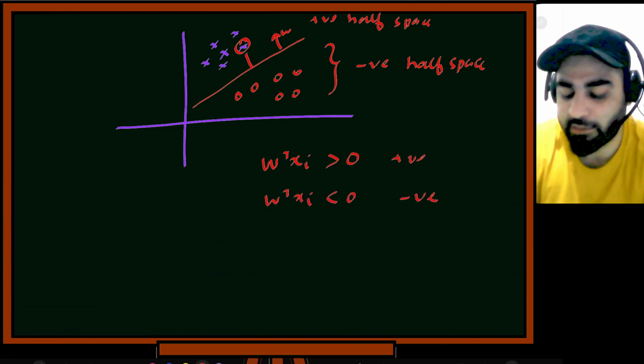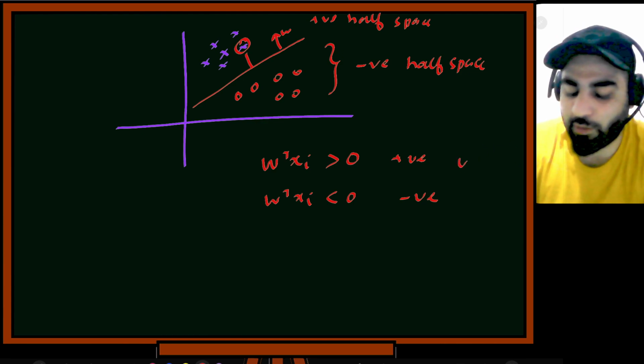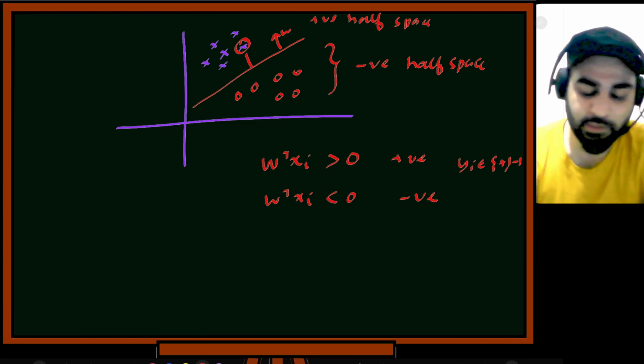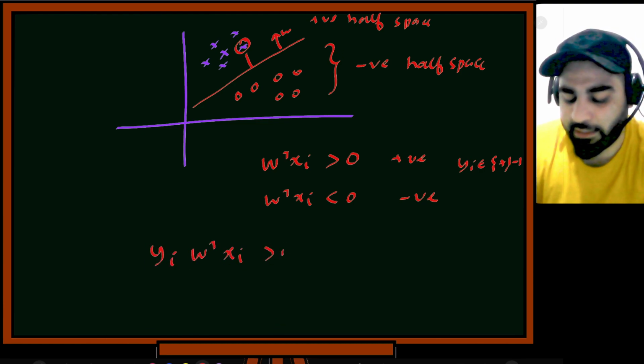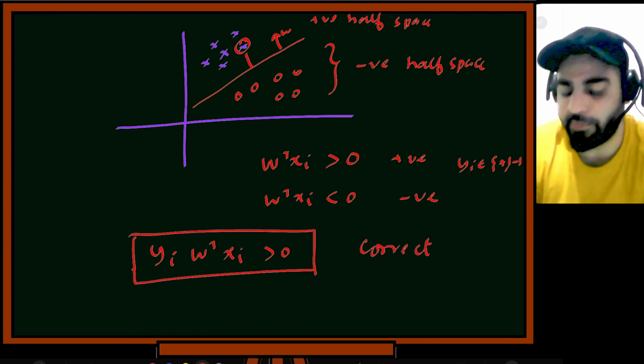We know the labels yi belong to +1 or -1. If I write yi w transpose xi, and it is greater than 0, this means correct classification. Otherwise, it's a misclassification.